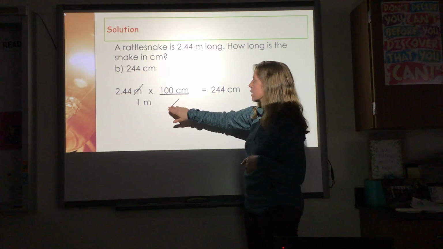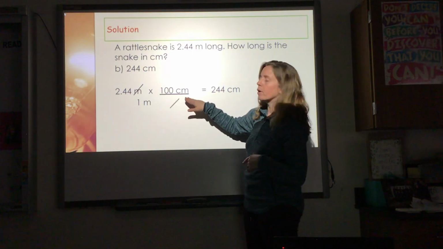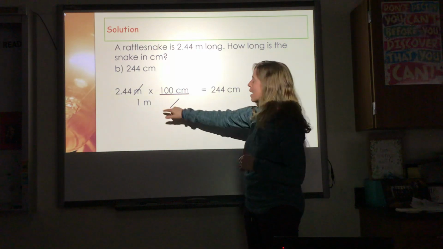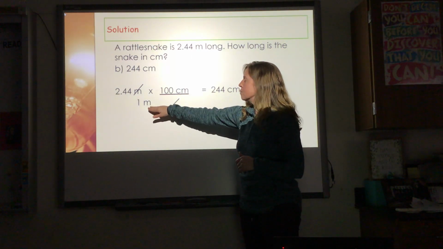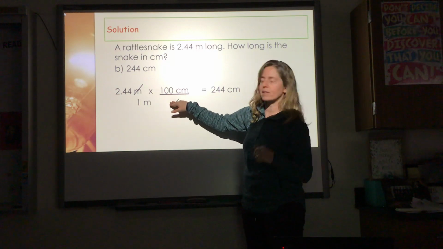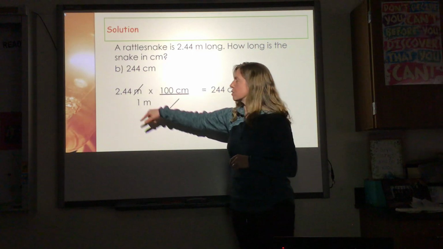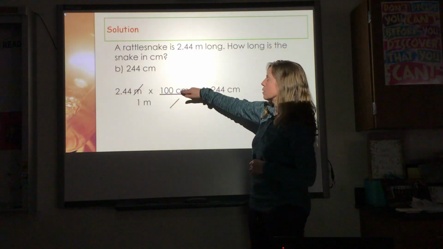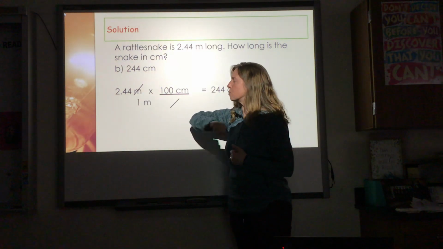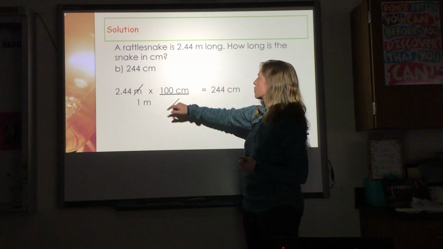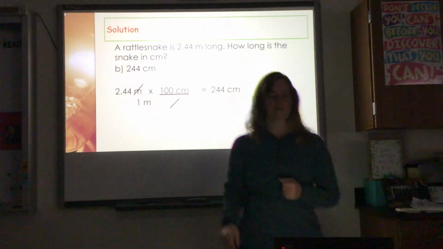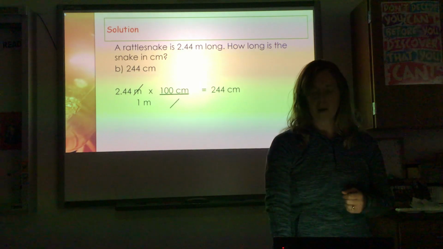Now I think my converting from PowerPoint into Google Slides messed up the distance I have over here, so I'm going to fix that slide. So this should be 1 meter right here. And the reason I have the slash here is you're canceling out meters and going to centimeters. So in essence, you're taking 2.44 times 100 over 1, which would give me 244 centimeters, okay?